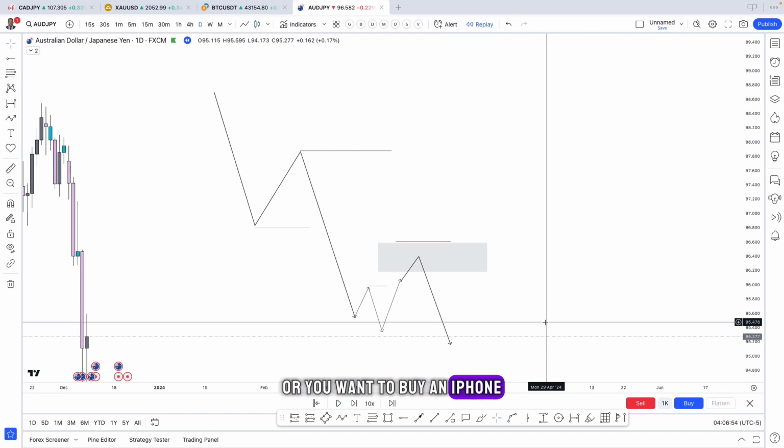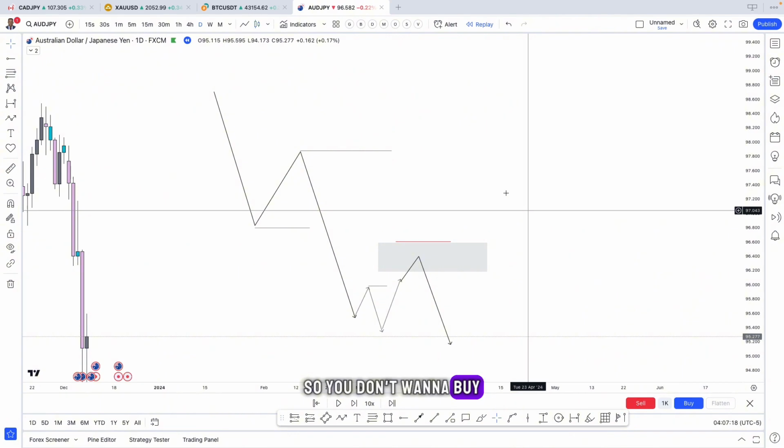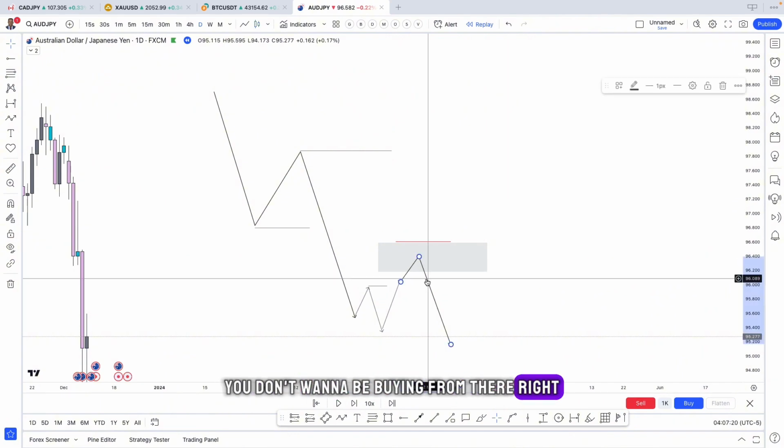Or you want to buy an iPhone, and the iPhone is selling for $5,000, and you want to buy on a discount price, right? You know that $5,000 might be big for you, for example. Then your aim might be, when it drops to 3,000 or 4,000, you'll be buying. So you don't want to be buying from there, right?